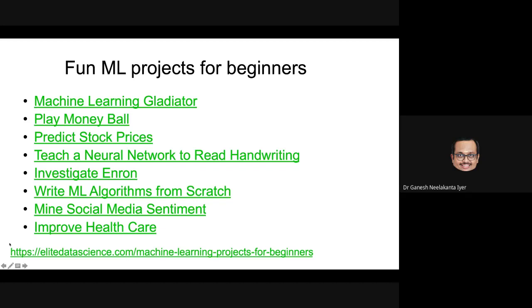When there are a lot of resources, I'm confused where to start. So this is one website, elitedatascience.com, which has a lot of machine learning projects for beginners. If you are a faculty, you can suggest these links to your students, where they can practice existing algorithms to get familiarized by themselves.